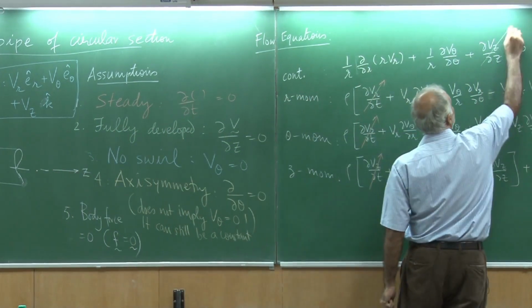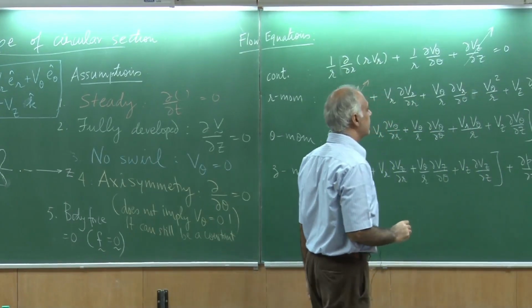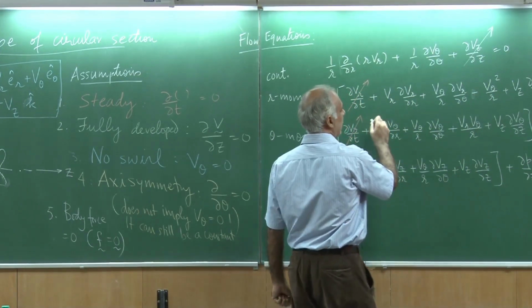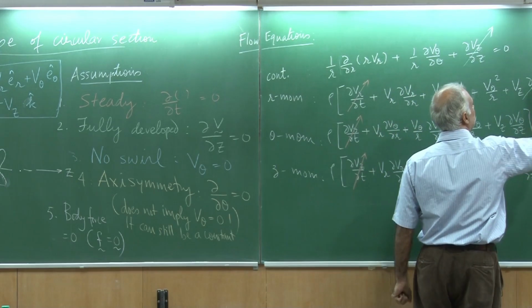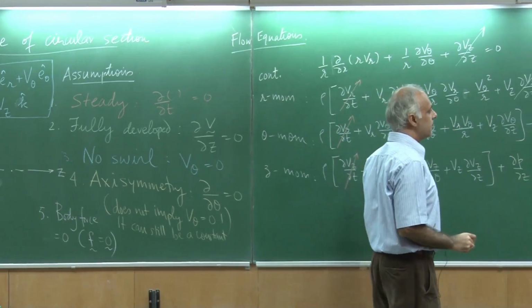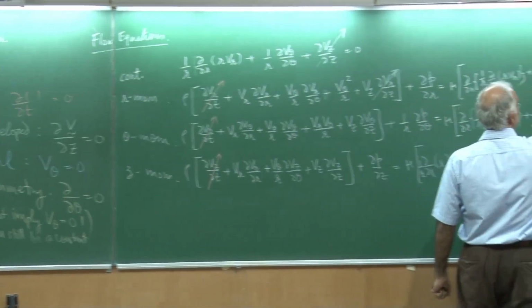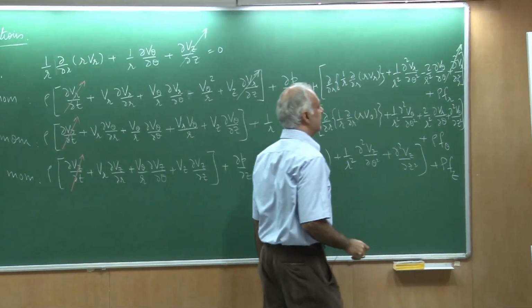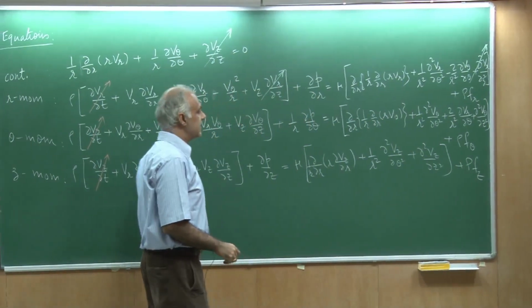So this goes away, that is because it is fully developed. Then when I come to this equation, this term goes away, that is fully developed, and likewise this term goes away. Okay, that is in the viscous term.